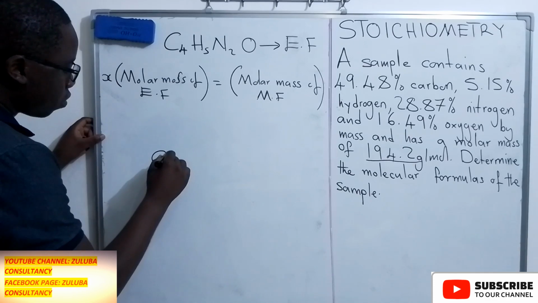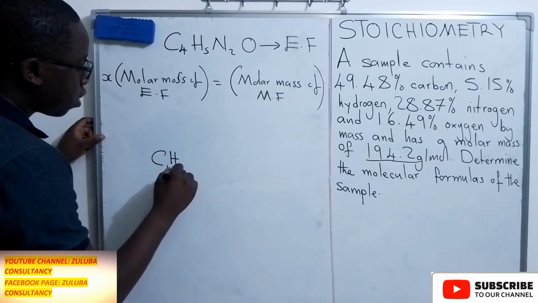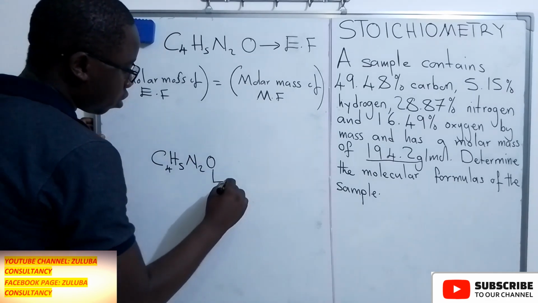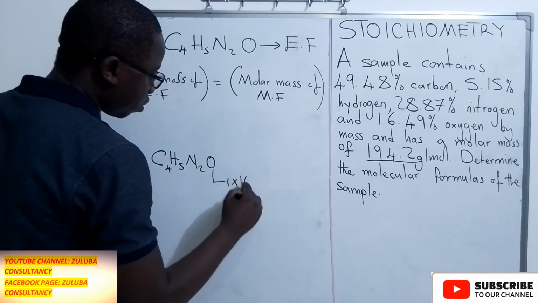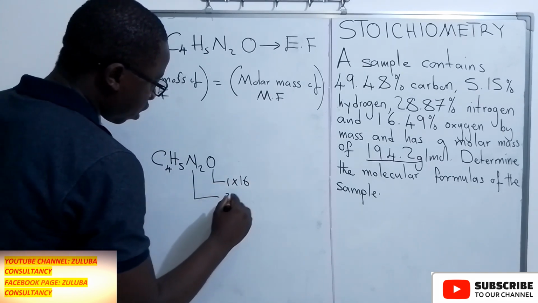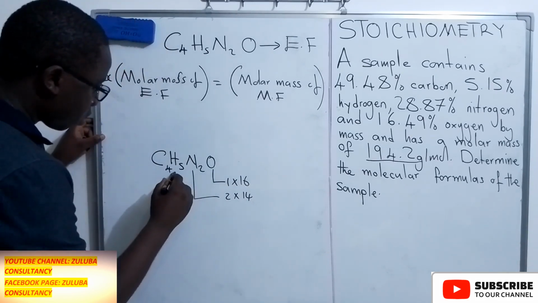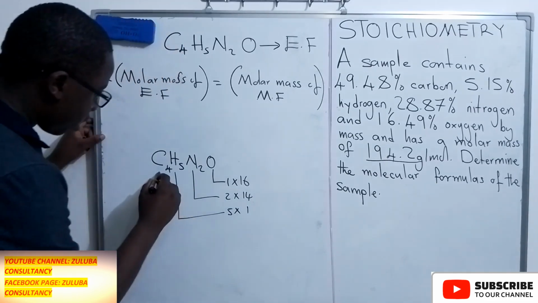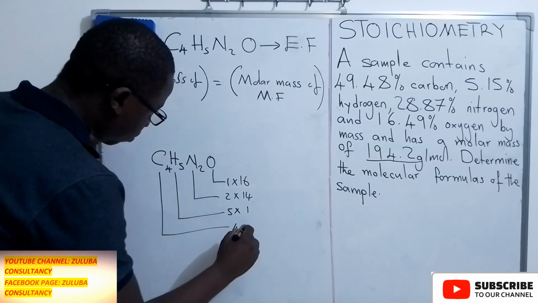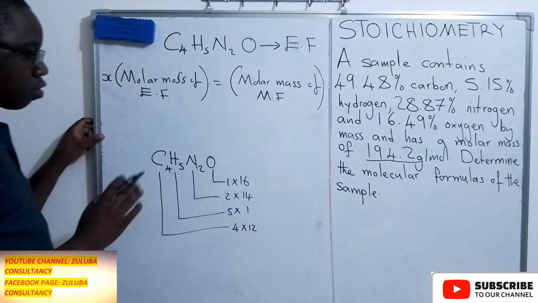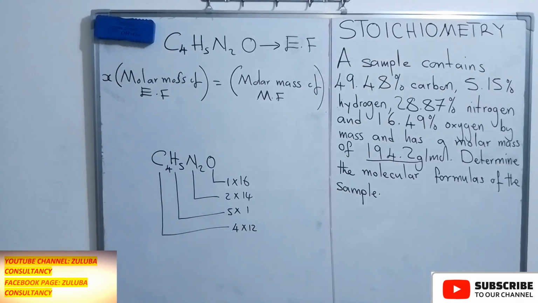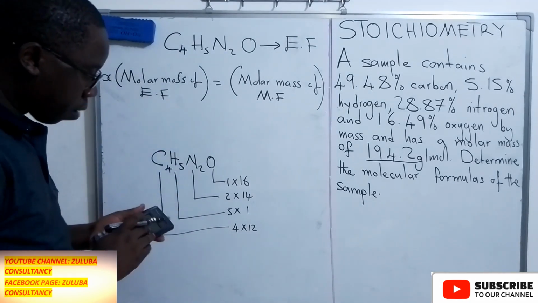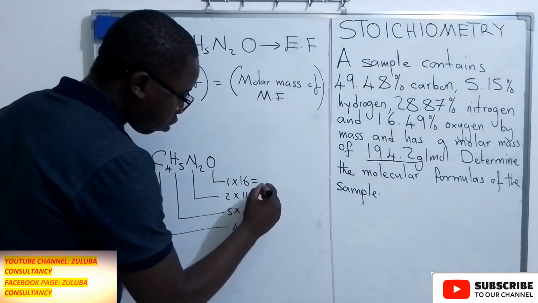We have C4, H5, N2O. So O is 1 atom multiplied by 16. N is 2 atoms multiplied by 14. H is 5 atoms multiplied by 1. And C is 4 atoms multiplied by 12. These are the atomic masses of each element from the periodic table. So for O we have 16.